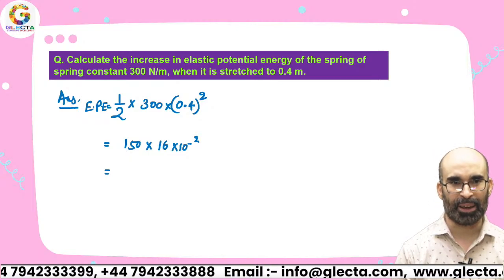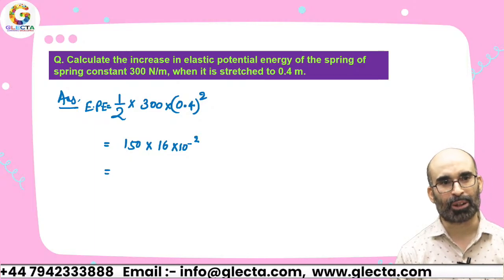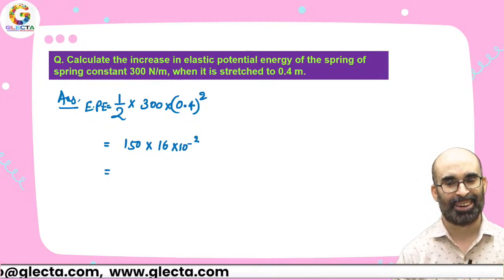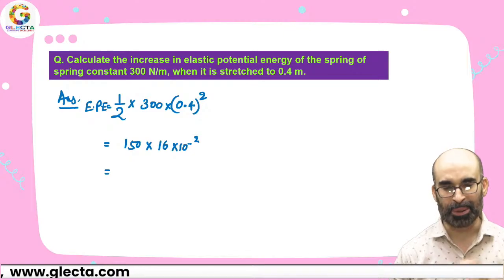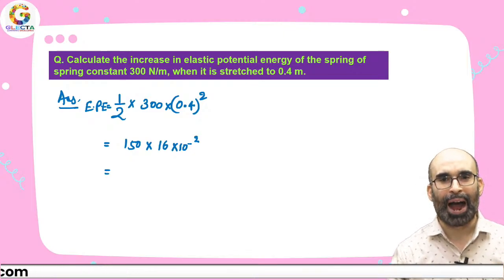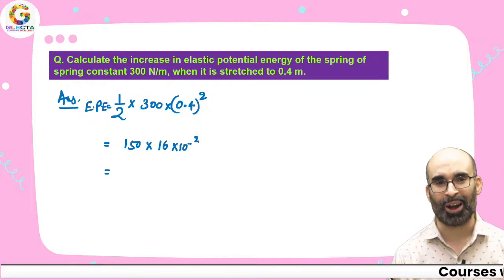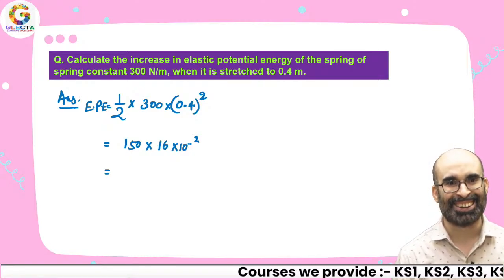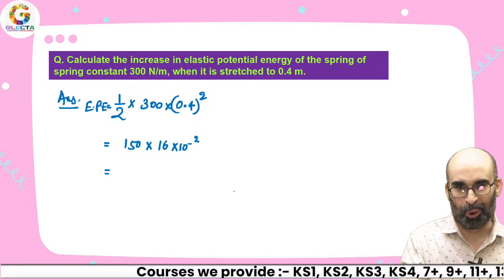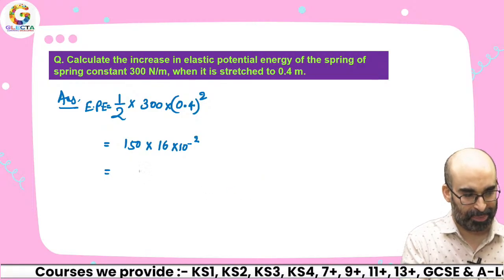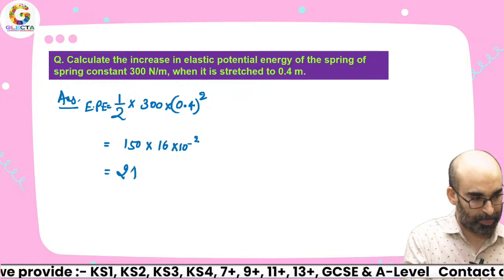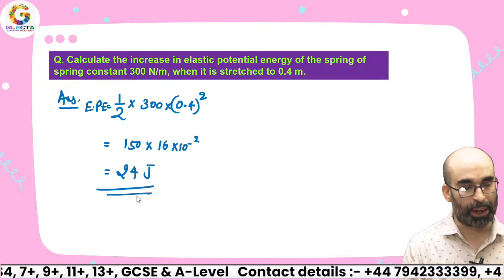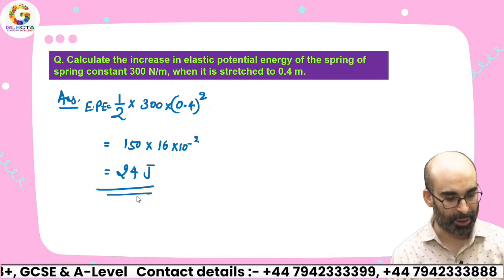Advait, you got 60. Emmanuel got 60 and 24. How is that possible? Come on, give me the correct answer. I have high hopes of you. Then it goes 24. All right, 24. That's right. 24 joules, right? Very good. That's the correct answer.